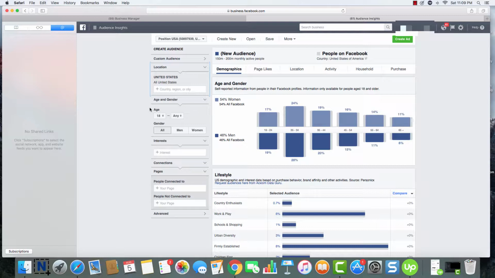Now, this is not only going to help you with your Facebook ad targeting, it's going to help you throughout the whole process of your sales funnel. What are your prospects feeling right now? What is the market saying to you? Are you in a market? Take my market, for example.